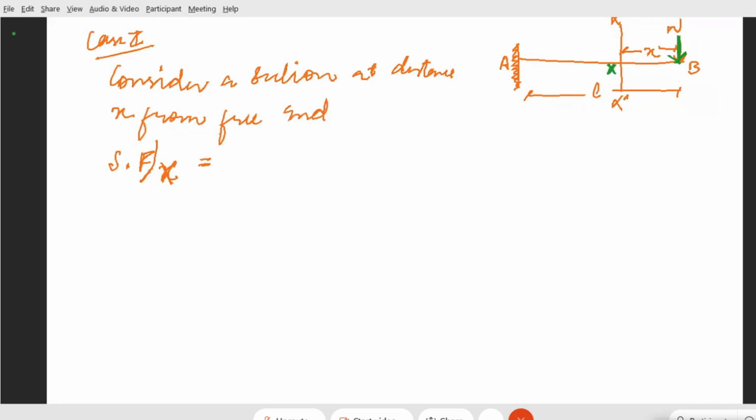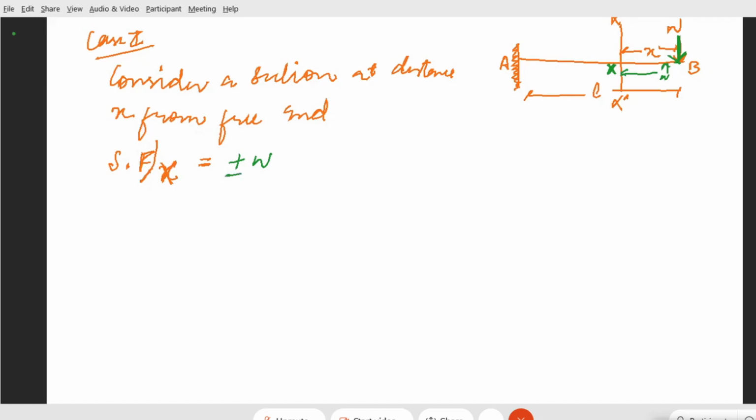You only have one external loading, which is W. It will be a constant load W. Therefore, you can simply say it will be positive W. Shear force will be positive W.